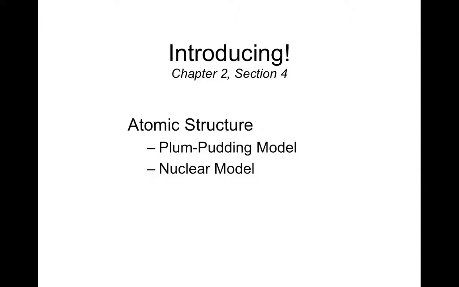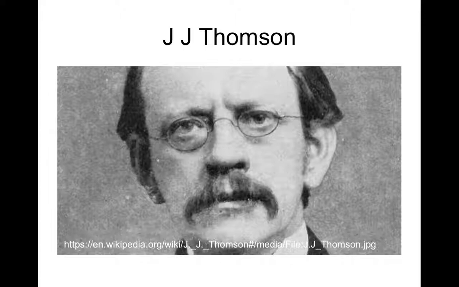So two models were suggested, the Plum-Pudding model and the nuclear model, and both of them came out of Cambridge. The first one, the Plum-Pudding model by J.J. Thomson, he was the one, remember, who discovered the existence of the electron and found the mass-to-charge ratio with the cathode ray tube.